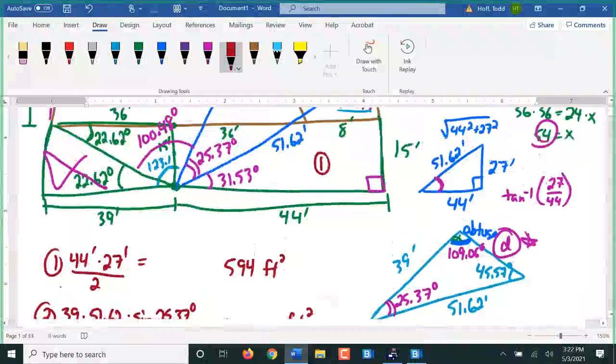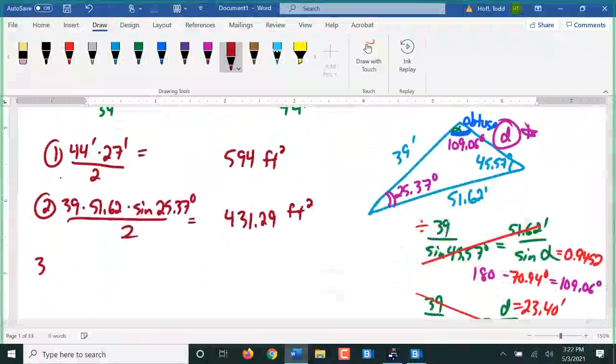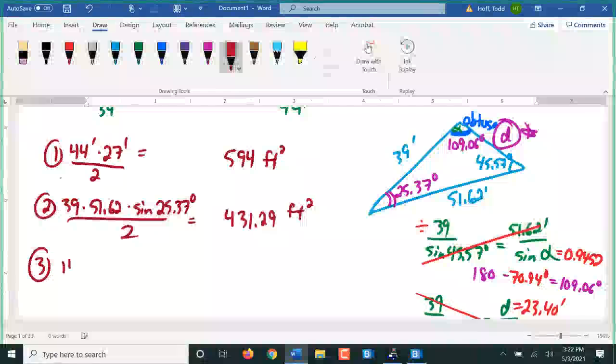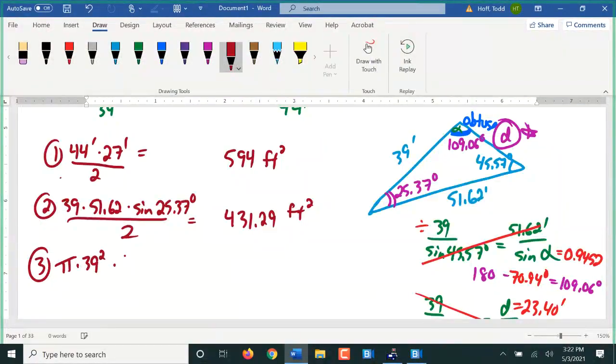And then part 3 is the sector of the circle. So it's pi times the radius of 39 squared times that angle of 100.48 degrees over 360.